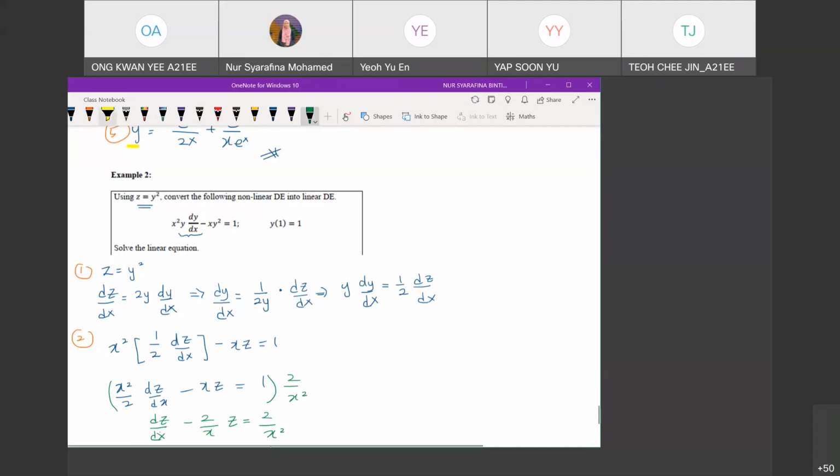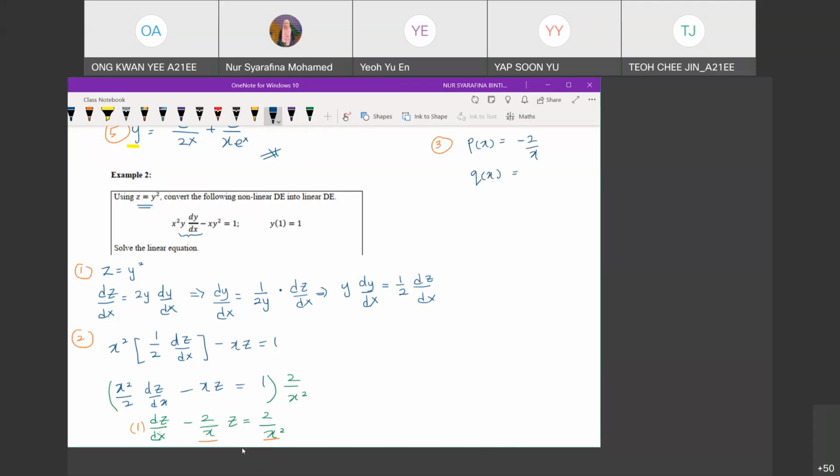You can see here the coefficient now becomes 1, and this is a function of x with z, and this is a function of x. So can you determine what P and Q are here? Negative 2 over x is P(x), and 2 over x squared is Q(x). Okay, good.